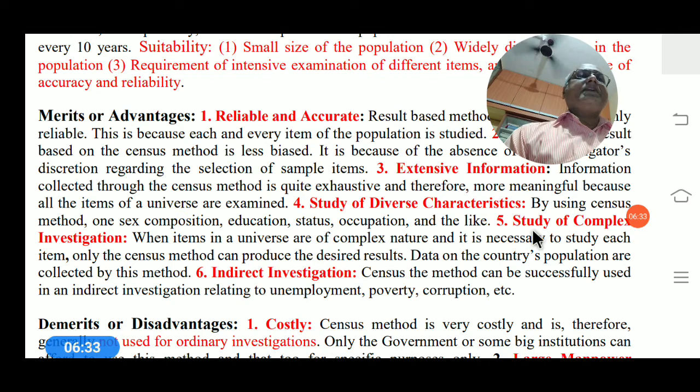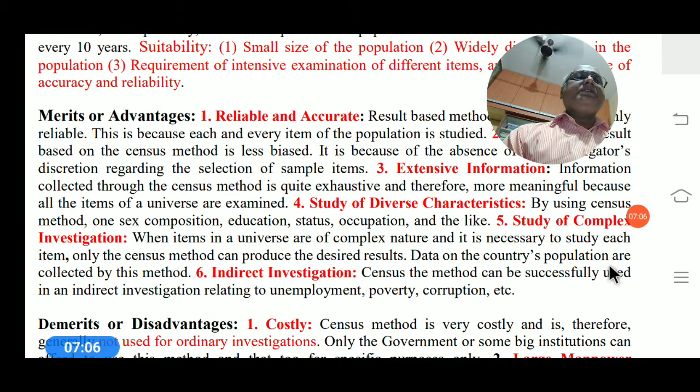Study of diverse characteristics by using the census method: sex composition, education, status, occupation, and like this all the characteristics are included. Study of complete investigation: by this method all the study is completed when the atoms of the universe are complex in nature and it is necessary to study each of the atoms, each of the characters in that particular sample, and only the census method can produce the desired result.